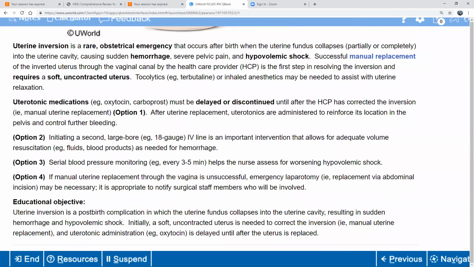Okay, so it collapses, caves in, or flips in, and then you have a sudden hemorrhage and shock.